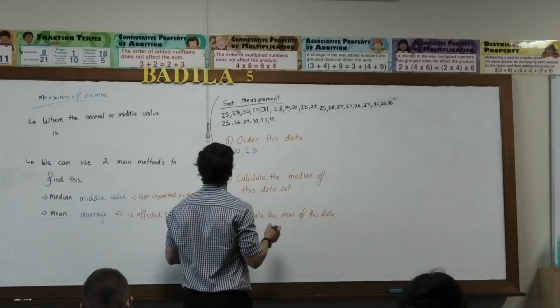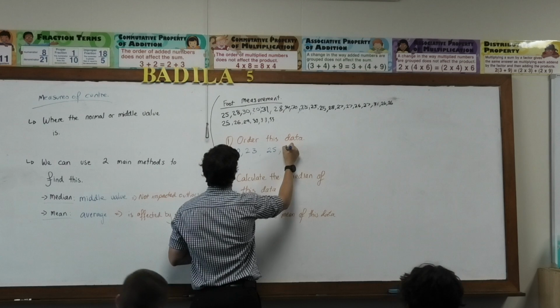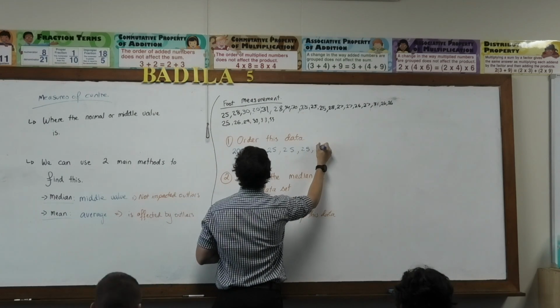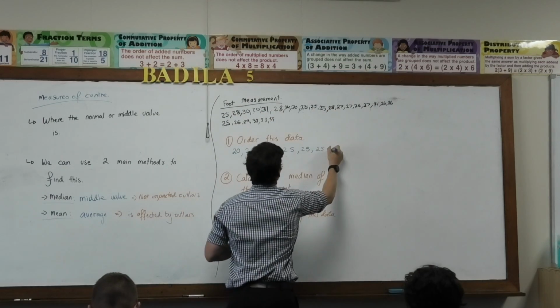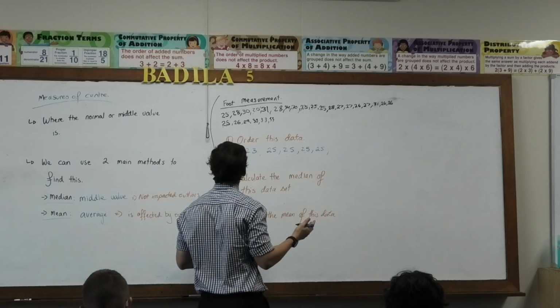I can't see any 24s. Have we got any 24s? No. 25s, we've got 1, 2, 3, 4. Is that right? Yeah. 1, 2, 3, 4. 26, we've got 1, 2, 3, 4.